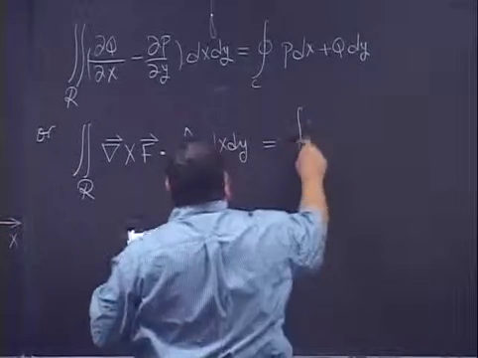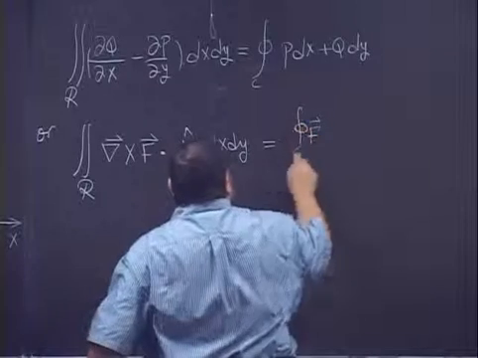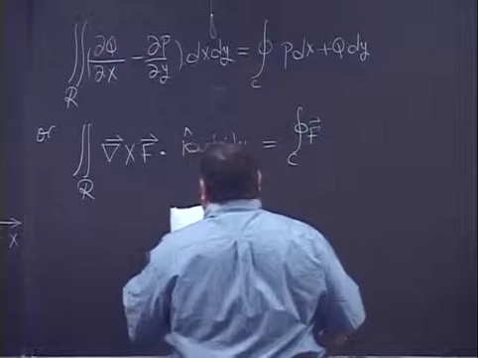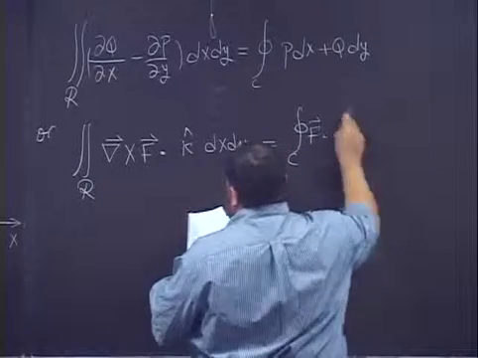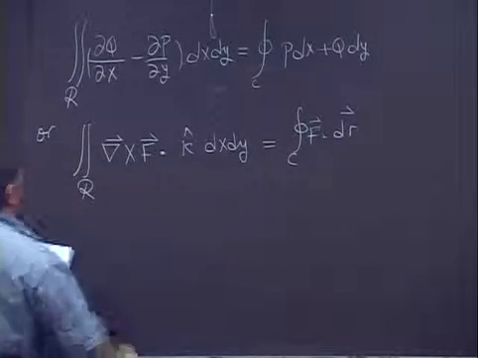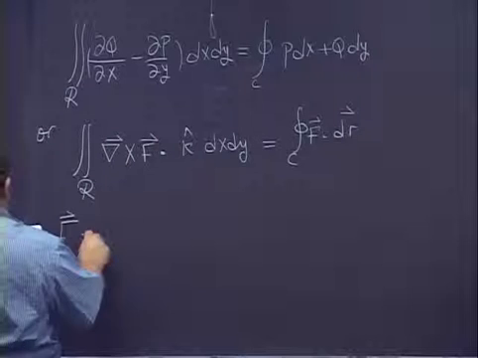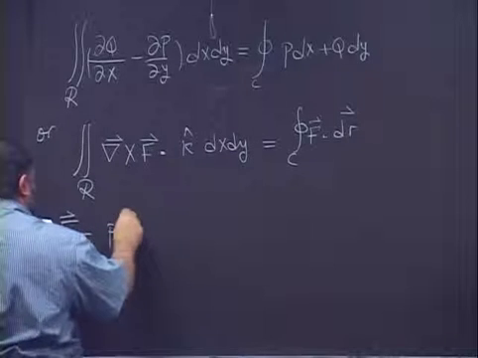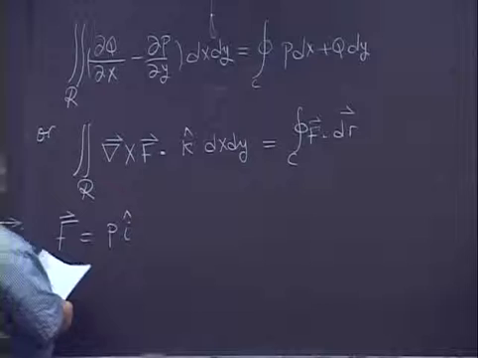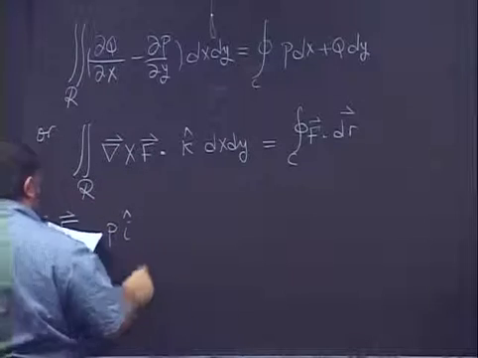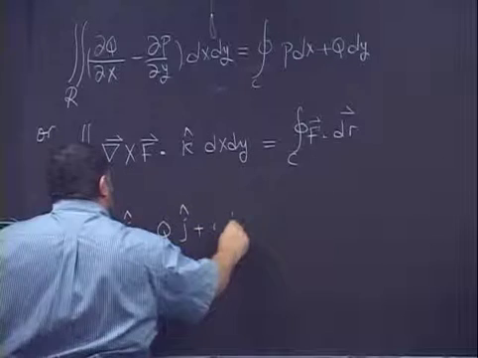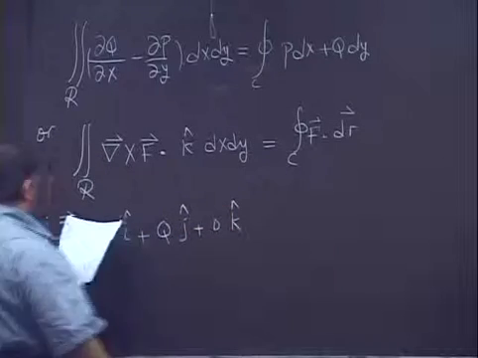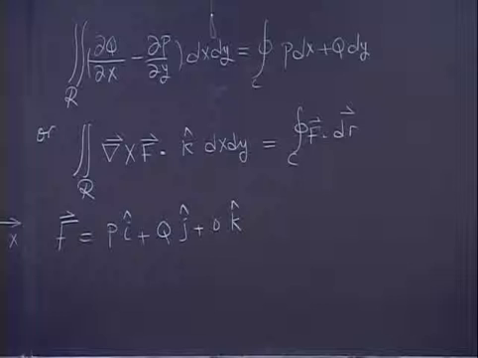This will be equal to the closed integration over the contour C of F dot dr, and the function F here is nothing more than a function of x and y: P in the direction of i plus Q in the direction of j plus 0 in the direction of k.